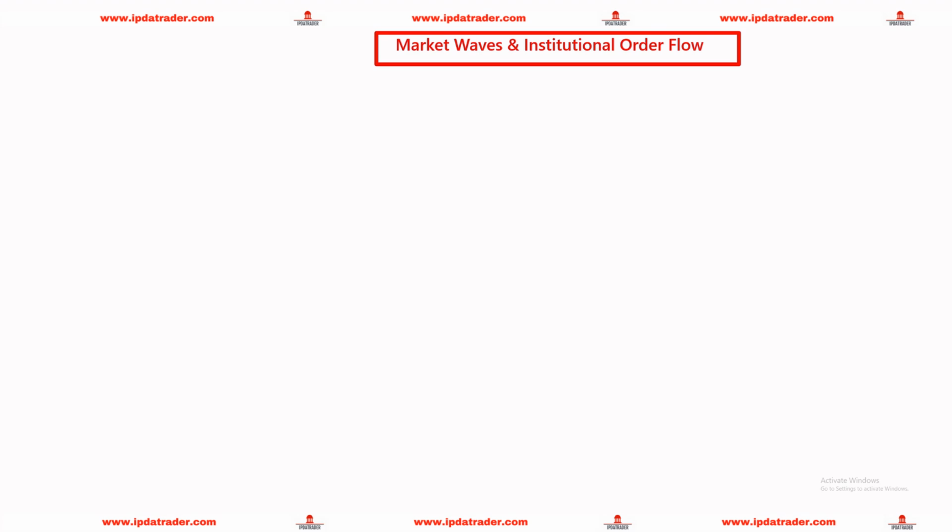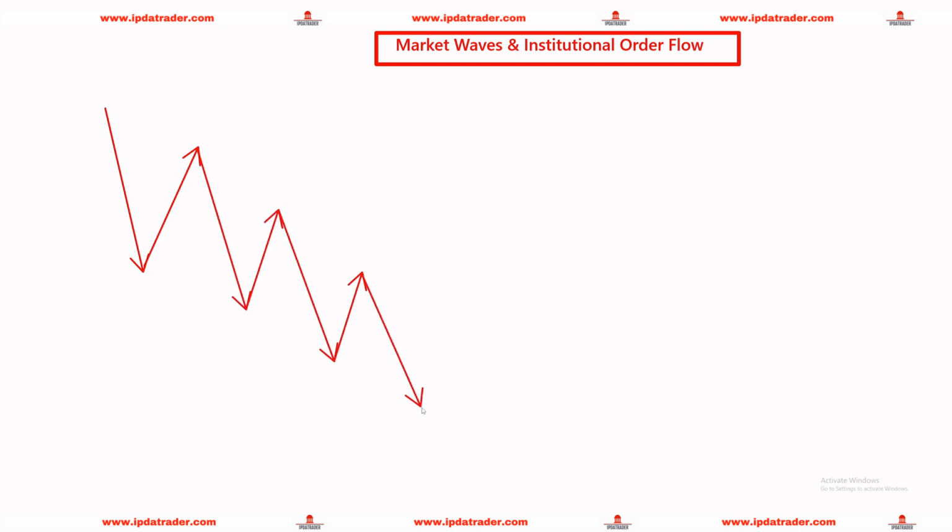And we're going to be breaking this down in a rather simple manner so that everybody is able to follow. So we all know that this market formation is considered a downwards trend, right? You have to understand that even within this bearish trend, there are different waves or market waves based on institutional order flow that are taking place, right?